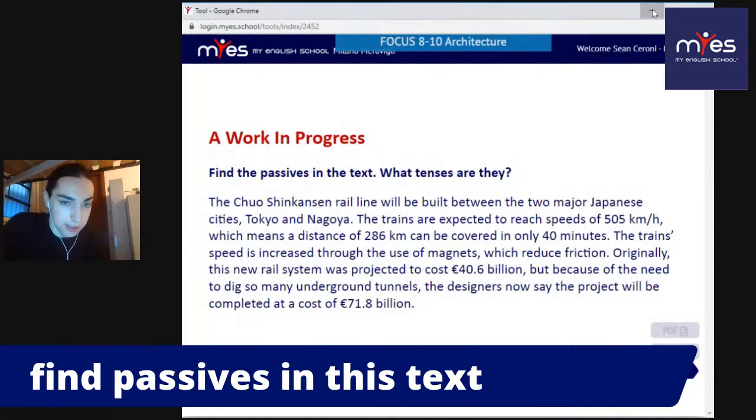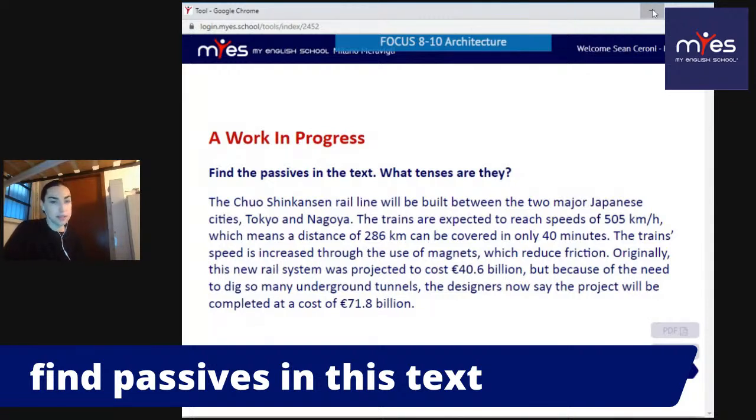The trains are expected to reach speeds of 505 kilometers per hour, which means a distance of 286 kilometers can be covered in only 40 minutes. The train's speed is increased through the use of magnets, which reduce friction. Originally, this new rail system was projected to cost €40.6 billion, but because of the need to dig so many underground tunnels, the designers now say the project will be completed at a cost of €71.8 billion.